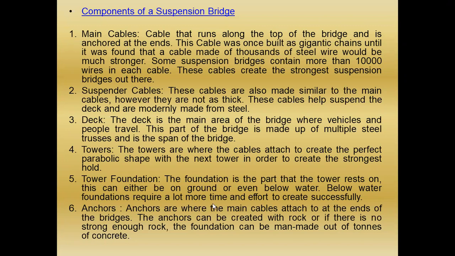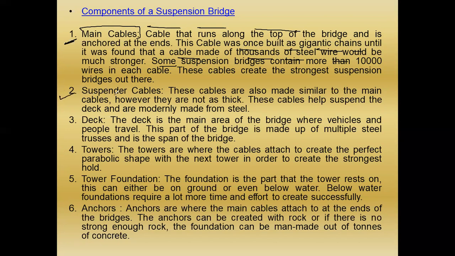First is the main cable, the cable that runs along the top of the bridge and is anchored at the ends. That is called the anchor cables, right? This cable was once built with chains, until it was found that a cable made up of thousands of steel wires would be much stronger.